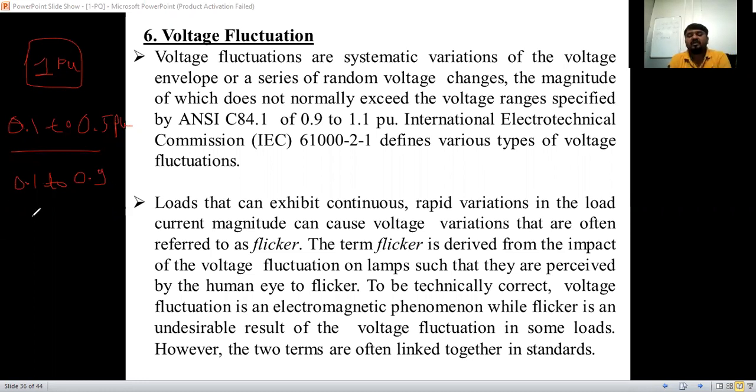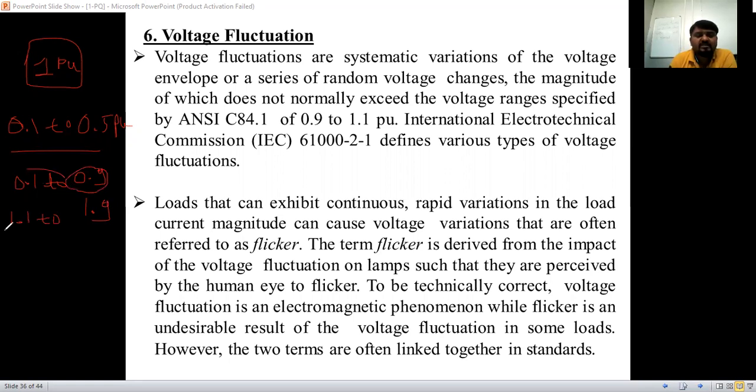What is the voltage range for voltage swell? 1.1 to 1.9. Okay, 1.8 or 1.9. See here, if the voltage is less than 0.9, then that comes under voltage sag.